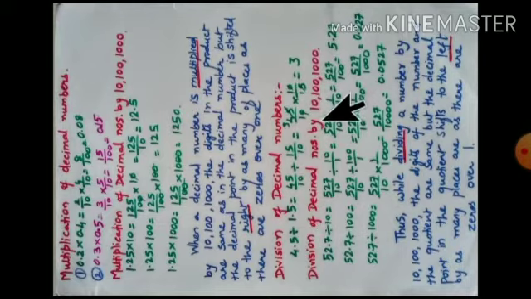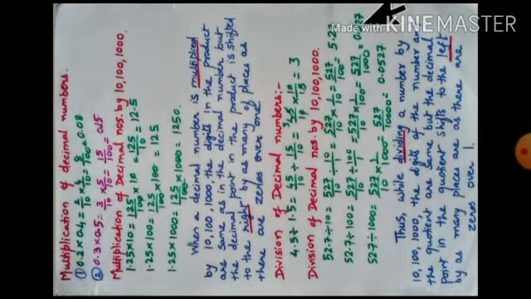Division of decimal numbers by 10, 100 and 1000. 52.7 divided by 10 equal to 527 upon 10 divided by 10 upon 1 equal to 527 upon 10 into 1 upon 10 equal to 527 upon 100 equal to 5.27. Now 52.7 divided by 100 equal to 527 upon 10 divided by 100 upon 1 equal to 527 upon 10 into 1 upon 100 equal to 527 upon 1000 equal to 0.527, because there are 3 digits, so it will be 0.527.